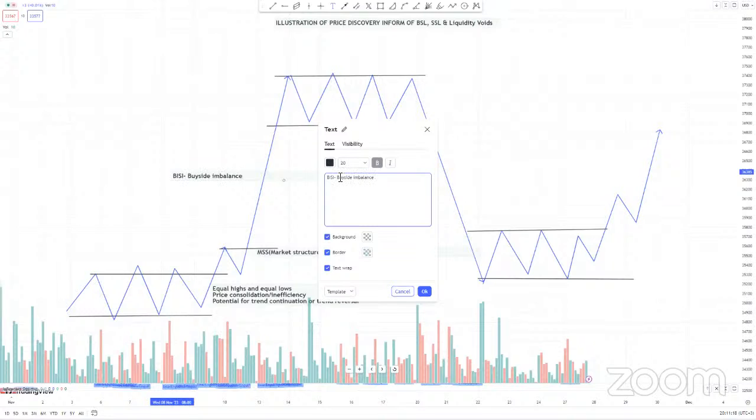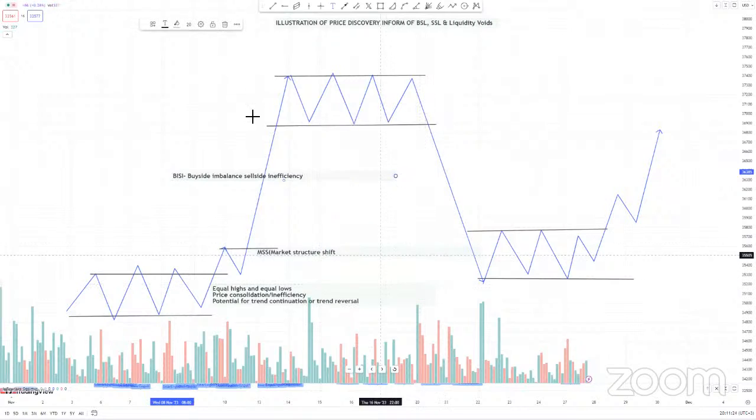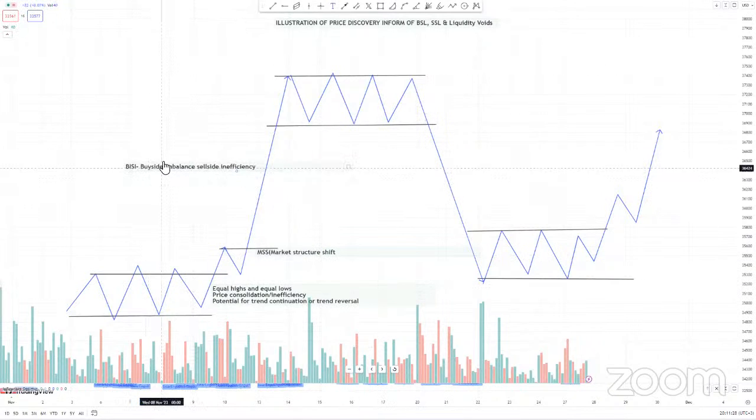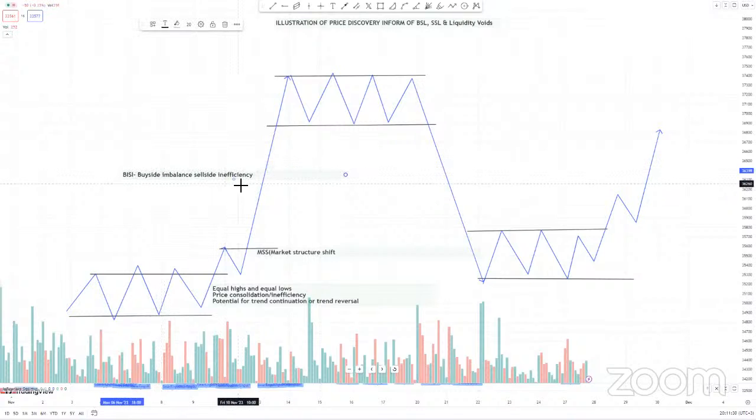So buy-side imbalance and sell-side inefficiency. What's happening here is that price has moved because of a clog up of buy orders. It can happen in two forms. Sometimes there could be a clog up of buy orders, but other times it's also because of something we call a fundamental event.